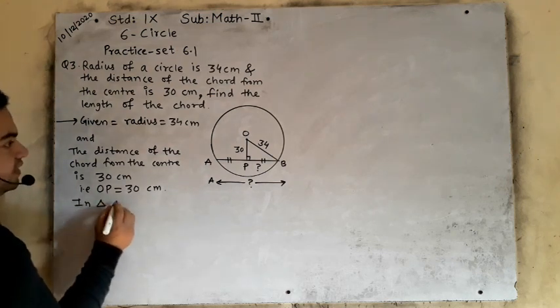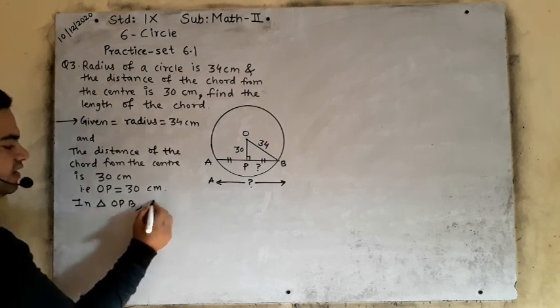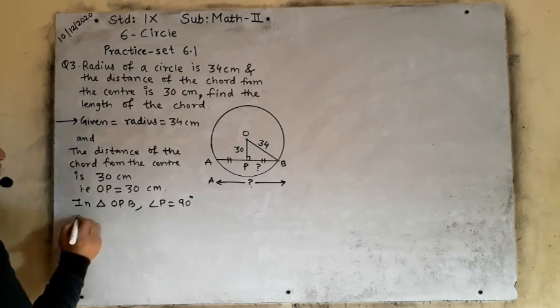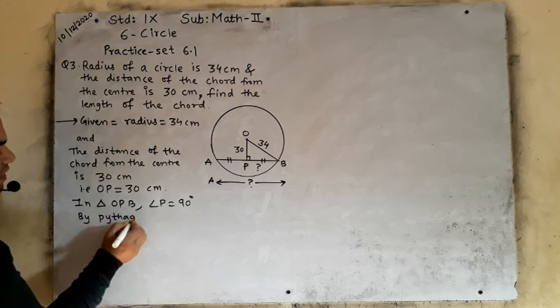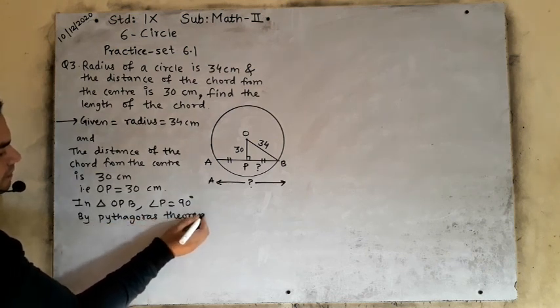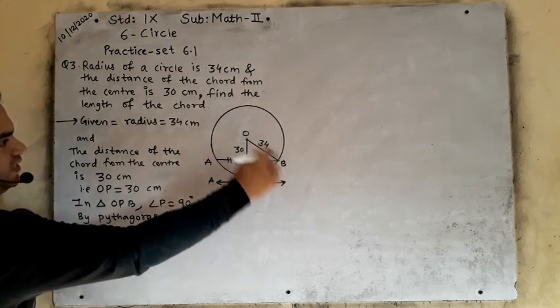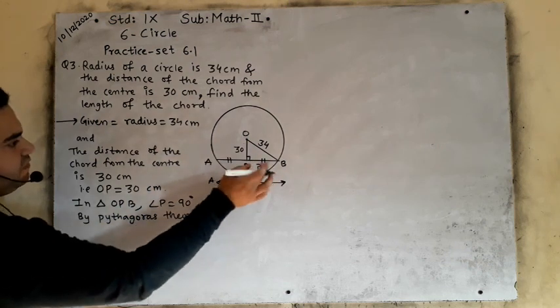In triangle OPB, angle P is equal to 90 degrees, right? So by Pythagoras theorem, in triangle OPB, OB is the radius or hypotenuse, OP is the distance between center and the chord, and PB we have to find.